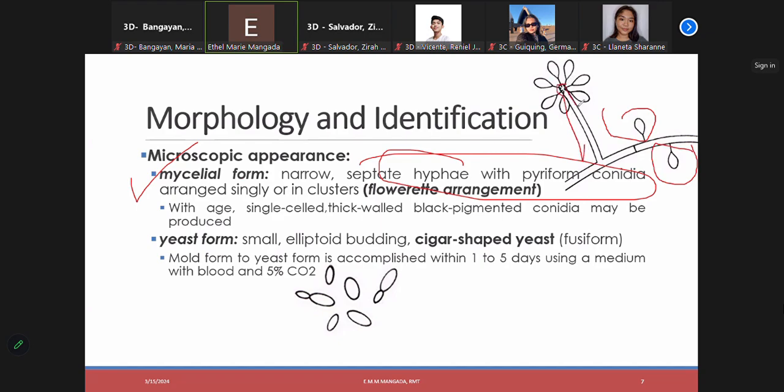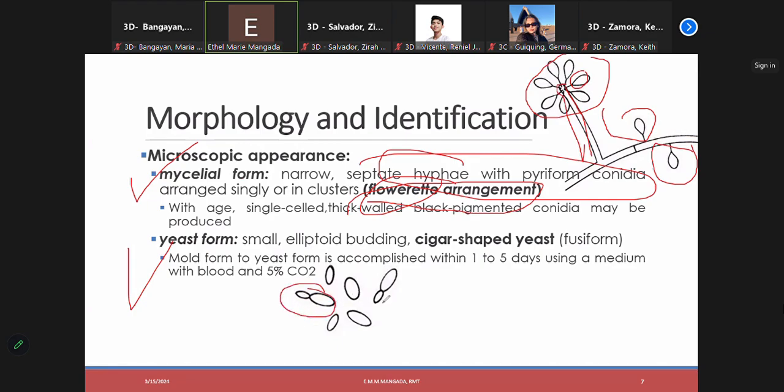So this is your hyphae, and we call that your conidiophore. Sometimes they are clustered together and show this floweret arrangement. So don't forget, Sporothrix schenckii, rose gardener's disease, rose, it's floweret arrangement.